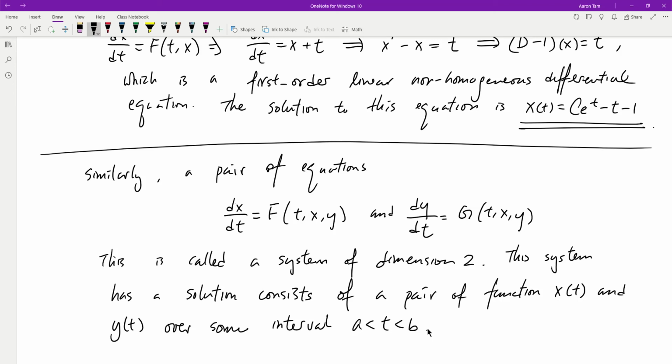So that pair of functions over a to b would now form actually kind of a curve.